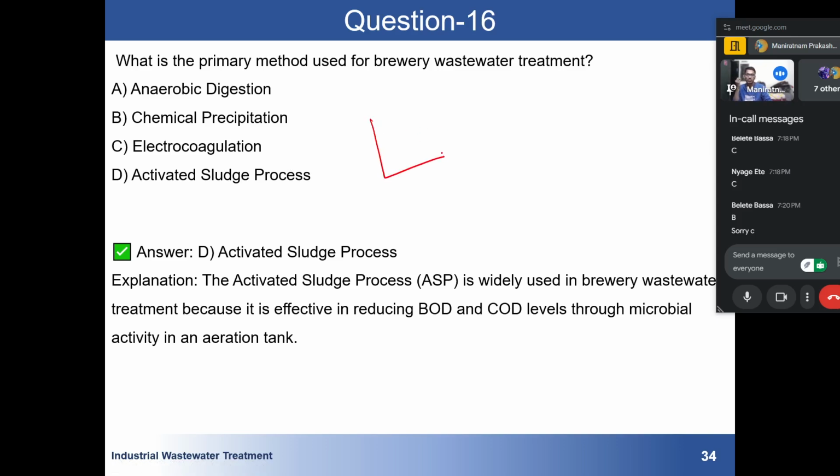This will be a primary treatment, and there will be one more reactor. We activate this reactor by passing some of the microbes from here to here. So it will contain wastewater, and we introduce some kind of bacteria or microbes. These microbes or bacteria will feed on the organic matter present in the wastewater. We are activating our whole system.